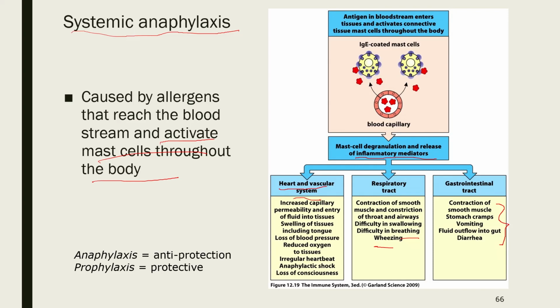It will increase your capillary permeability, so you have swelling, including your tongue, which makes it harder to talk, and it can also lead to blood pressure drop and reduced oxygen. So all these symptoms are potentially fatal. So systemic anaphylaxis can be very serious.